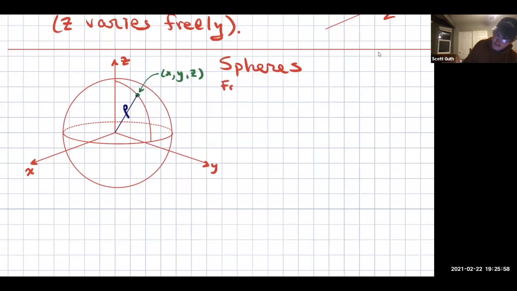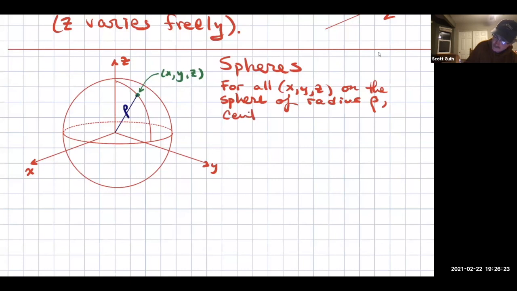So for all x, y, z on the sphere of radius rho, centered at the origin, we would have x squared plus y squared plus z squared is what?